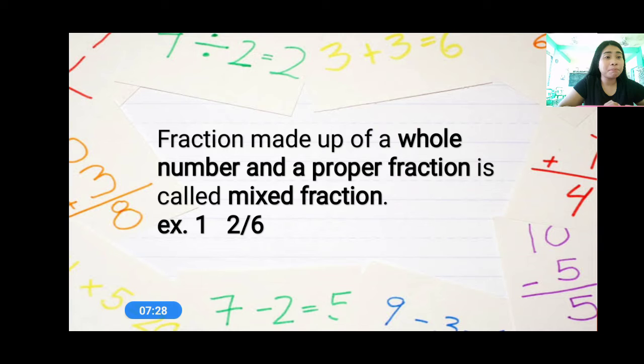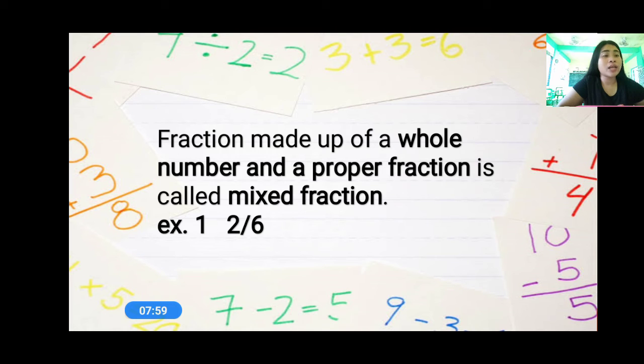A whole number and a proper fraction. Example, 1 and 2/6. What is the whole number here? 1. What is the proper fraction here? 2/6. Everyone, when we say proper fraction, remember that the numerator is smaller than the denominator. Again, mixed number or mixed fraction is composed of a whole number and a proper fraction.